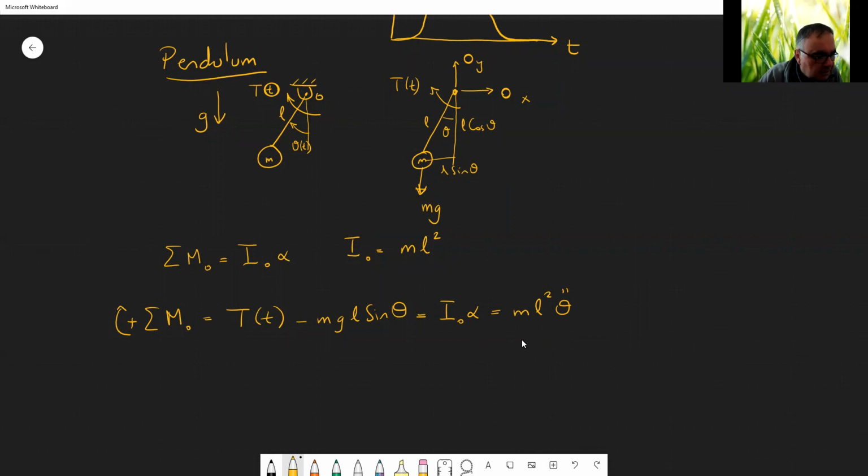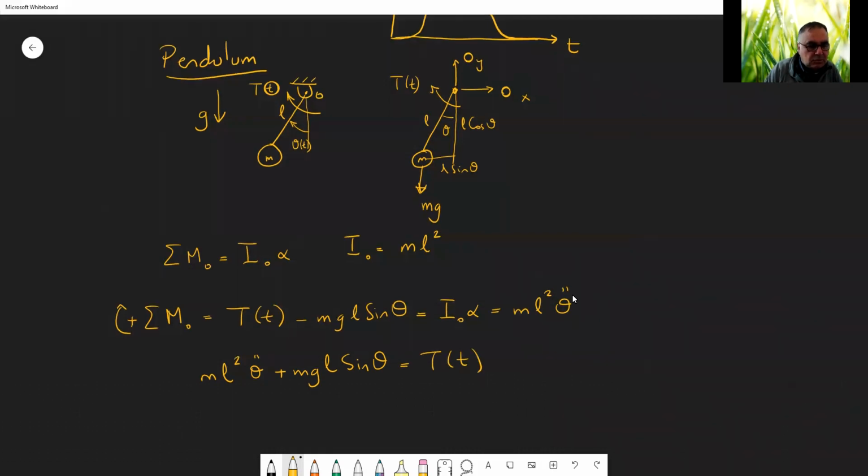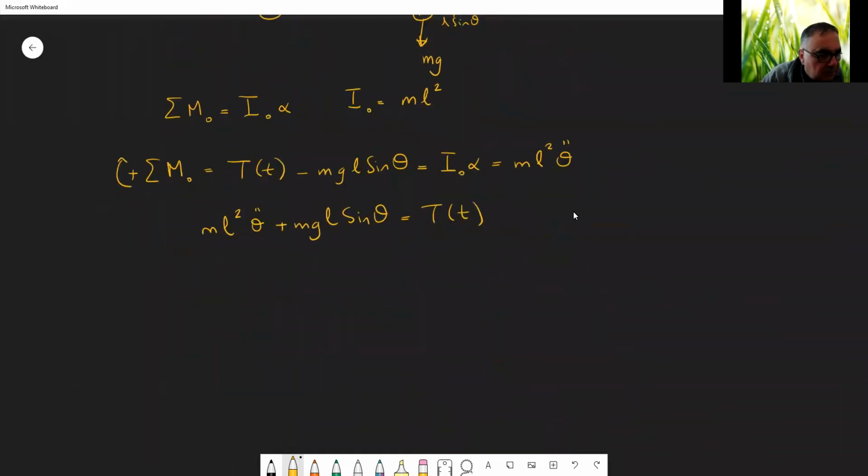So we can write this as ml squared theta double dot plus mgL sine theta equals T of t, or divide everything by ml squared, and we get theta double dot plus g over L sine theta equals 1 over ml squared T of t.